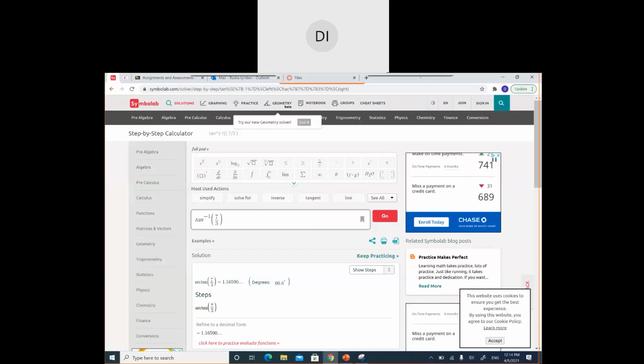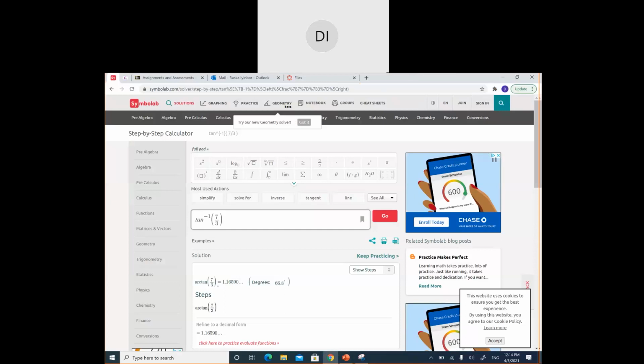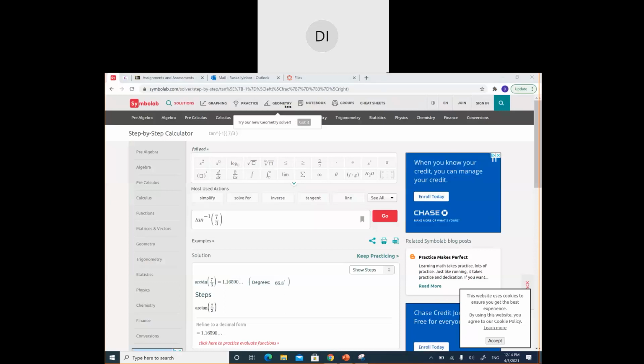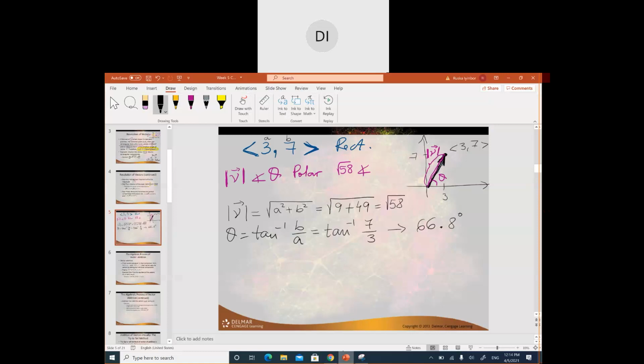So let me explain the solution. See here, arctan is the same as tangent inverse. This is radians, and this is degrees. We're using degrees, okay? So just keep in mind we're going to use degrees, and whatever you get on the calculator, that's your angle.